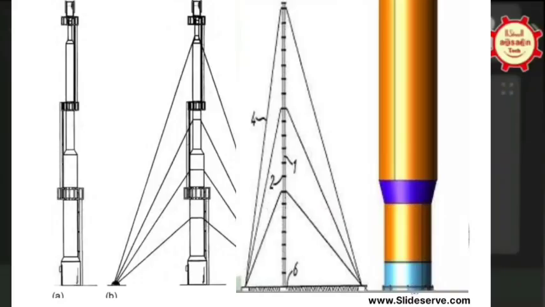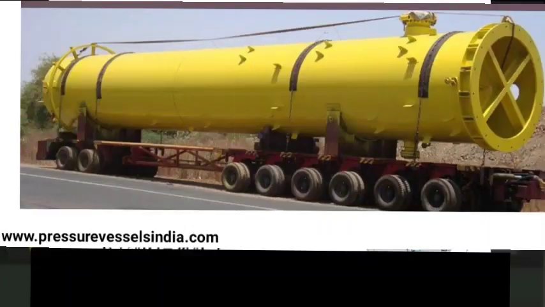That is fine. But I have seen cases wherein the horizontal vessel itself has a tan to tan length of more than 30 meters. But what is the weight? I mean, can you specify the dimensions just to have an idea?